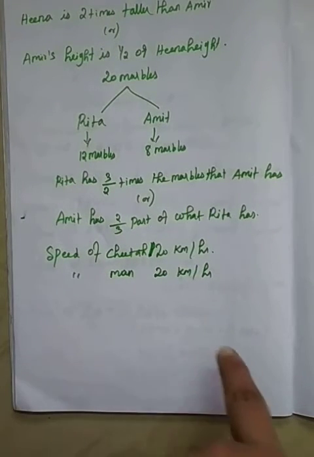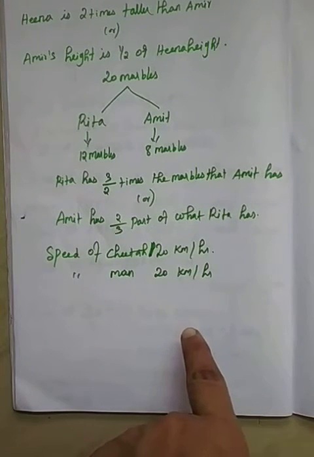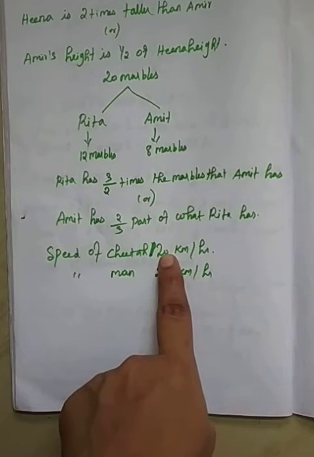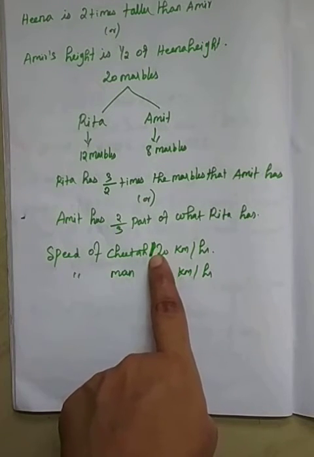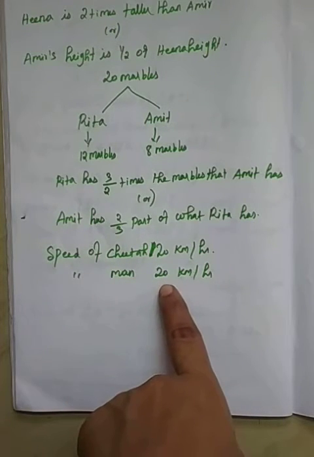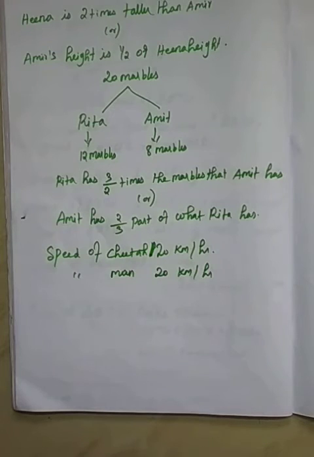Clear? So we can say that the speed of the cheetah is 6 times, see here, 120, 6 times the speed of the man. The speed of the man is 1/6 of the speed of the cheetah. Everybody clear? Okay.